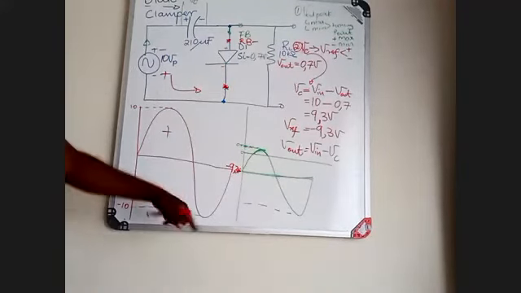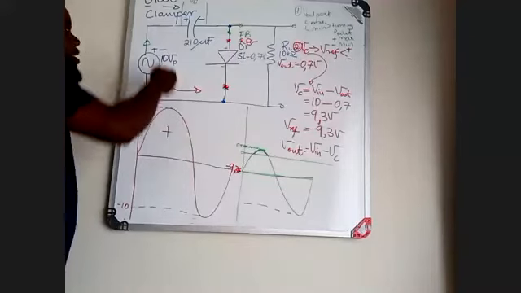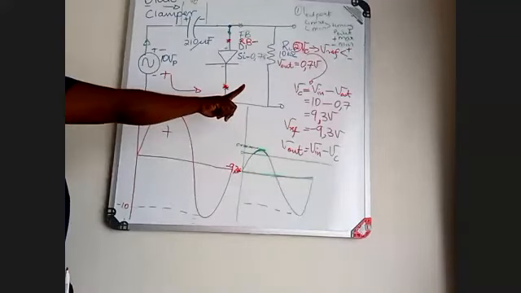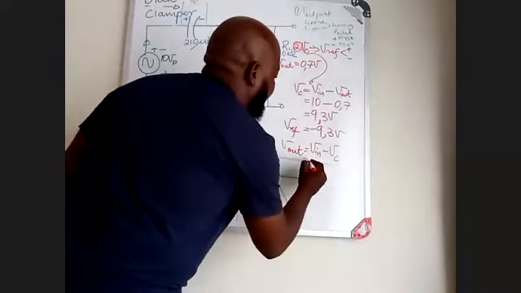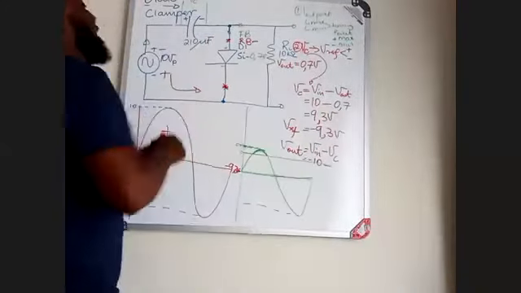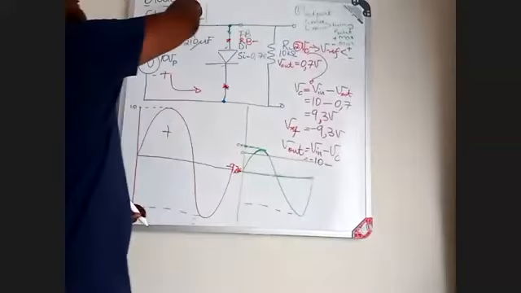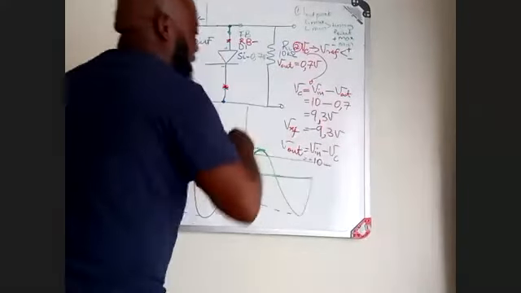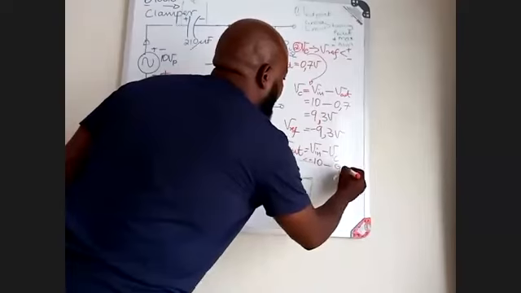Negatively 10 because now your signal has changed direction, which means here you will have minus 10 minus the VC that you charged with. It's what? Positive 9.3, which means it's minus 9.3.